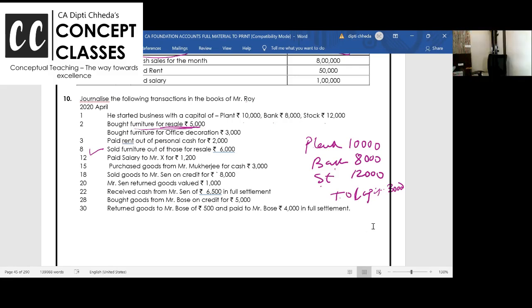Yes, keep doing the entries and ask if you have any doubt. Which entry are you all stuck in?